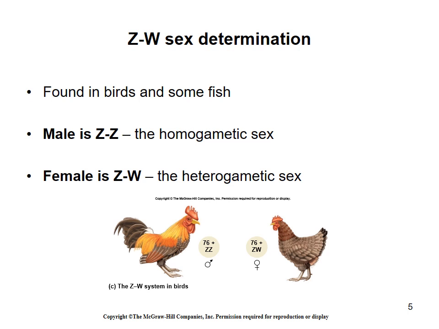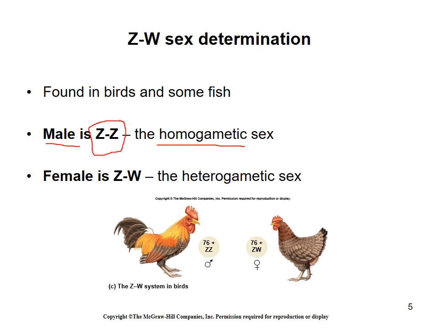You don't always have to rely on the X and the Y chromosome. There are chromosomes that look distinctively different in different animal species that will have a sex determination role, and that's the case when we look at birds and fish. Instead of an X and a Y, we use a Z and a W because the chromosome looks different. And what we see happening is that if you're looking at a male, you're looking at a homogametic sex, inheriting 2 Z's.